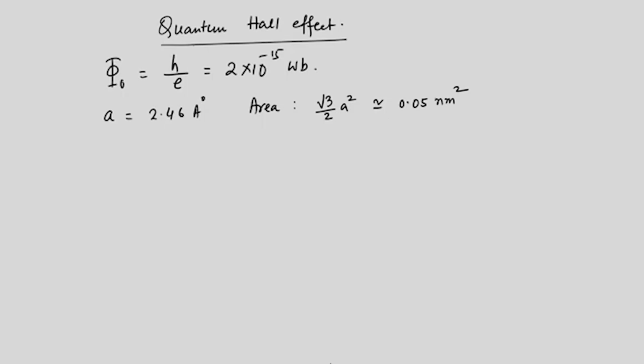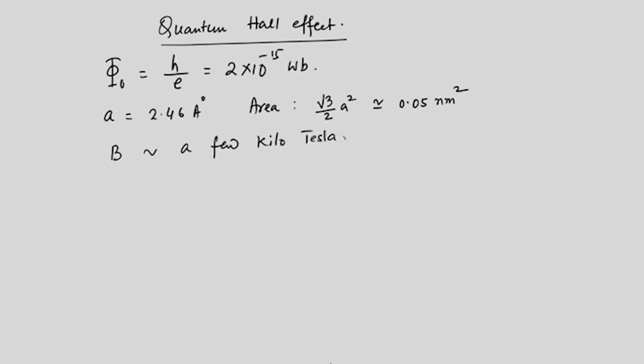So, if I have to multiply a magnetic field with this area in order to find the flux, then that magnetic field has to be a few kiloteslas or even more, and that is a very large magnetic field.